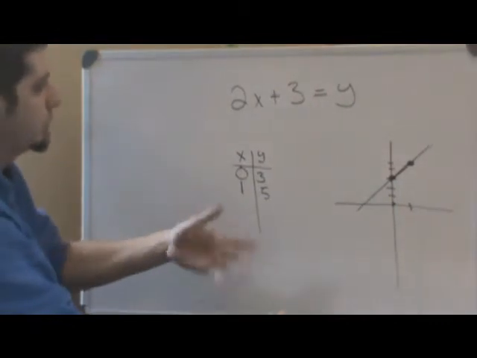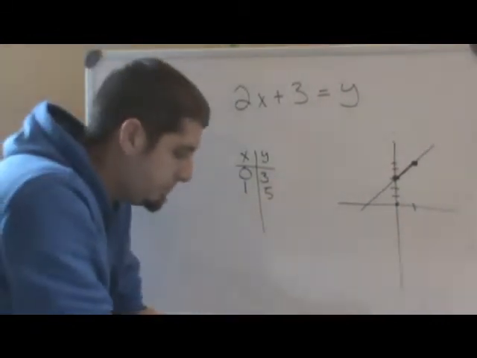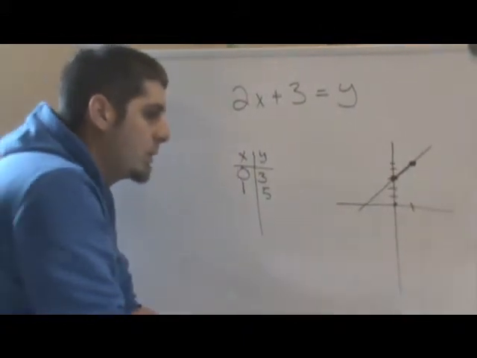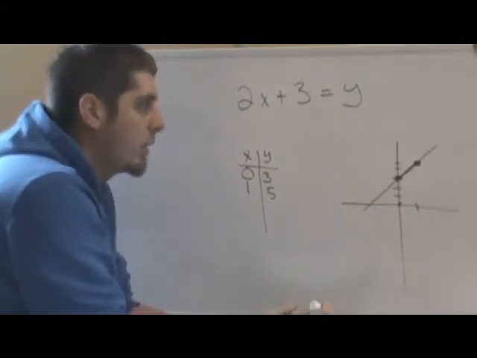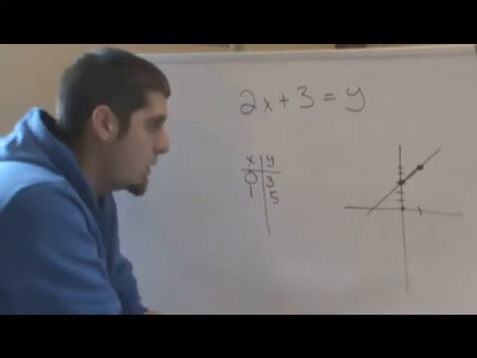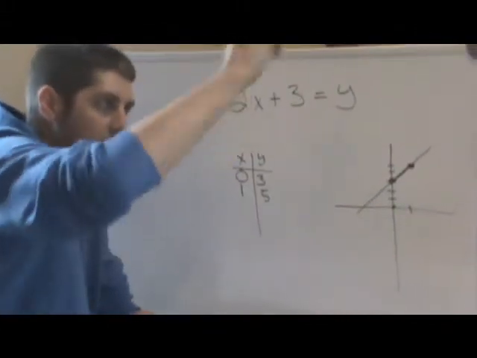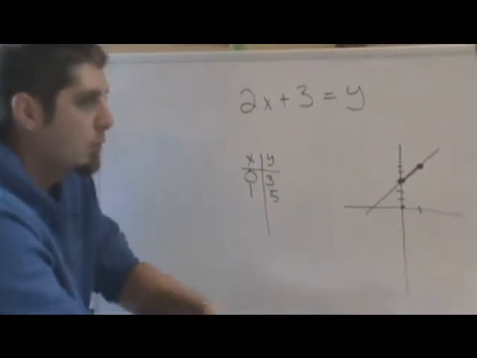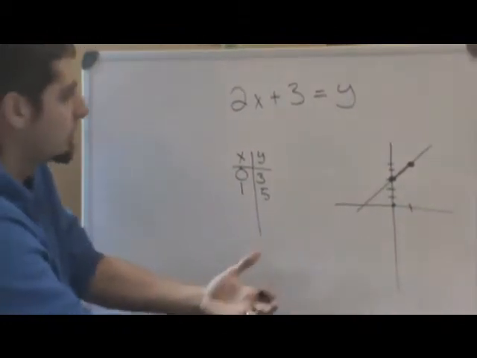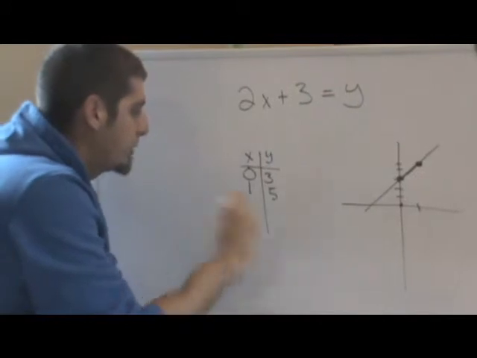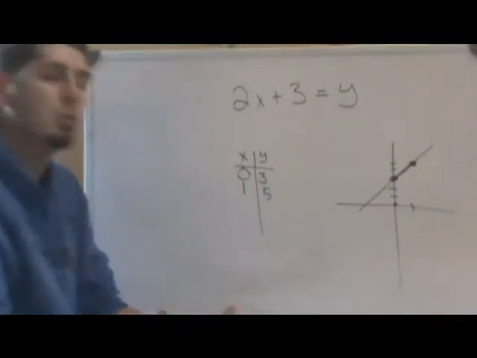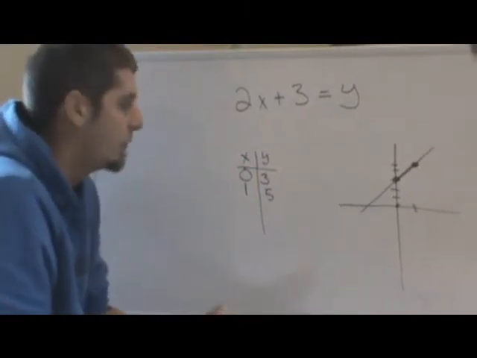Some people prefer to do more points than 2. Some people like to do 4 or 5 points, because when you start working with equations that aren't linear, equations that might create curves or waves, using 4 or 5 points gives you a better idea of whether you're looking at a curve or a wave. Some of the worksheets will actually ask you to pick 4 or 5 points.